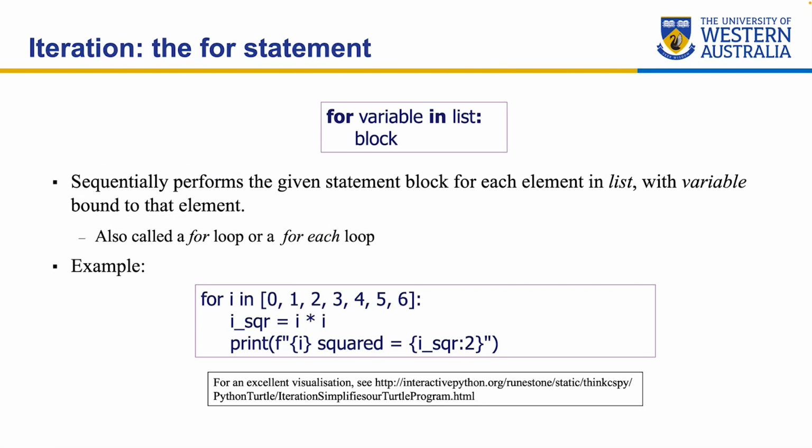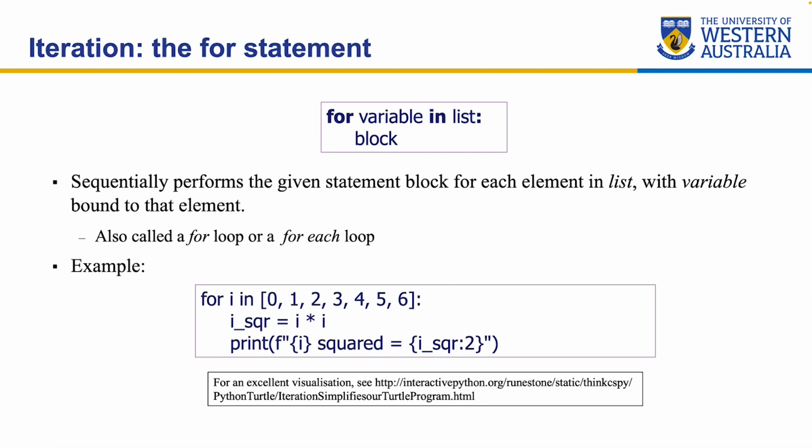Okay. So the syntax for a for loop is quite straightforward. We write for variable in some iterable list, and then the code inside the block. The code inside the block is performed sequentially for each value inside the list.